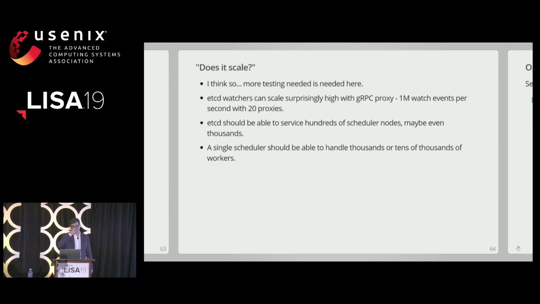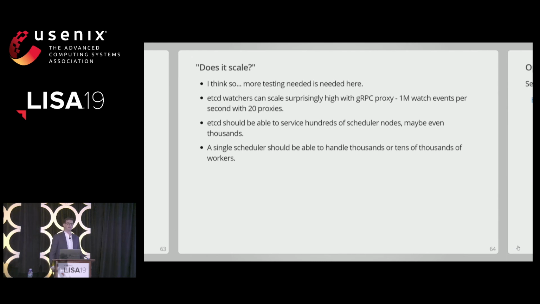Okay, so does it scale? I think it does. Sort of. So etcd can only do a few tens of thousands of writes per second on good hardware. etcd have actually been claiming higher numbers than that lately, but I haven't found that to be the case with reasonable sizes of key values. But what it can do is scale out watchers really, really well. They've got this little utility daemon called gRPC proxy.